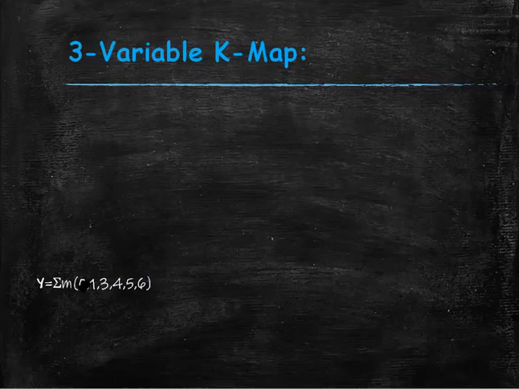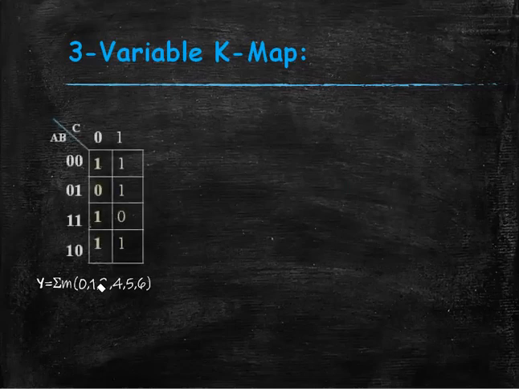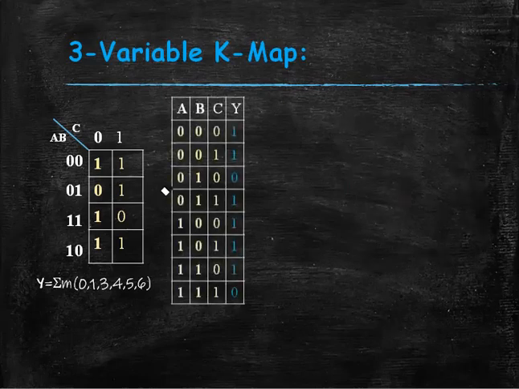Here the canonical SOP is given as 0, 1, 3, 4, 5 and 6. We can construct its truth table this way, isn't it?